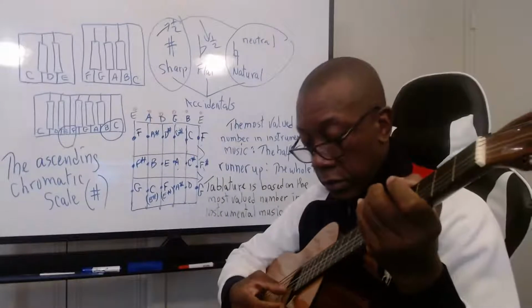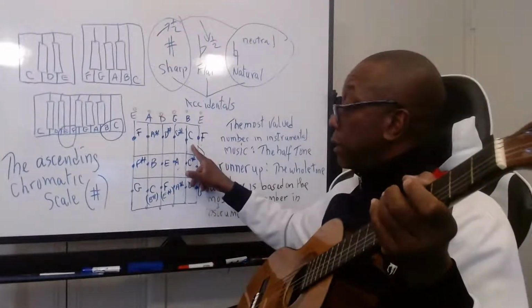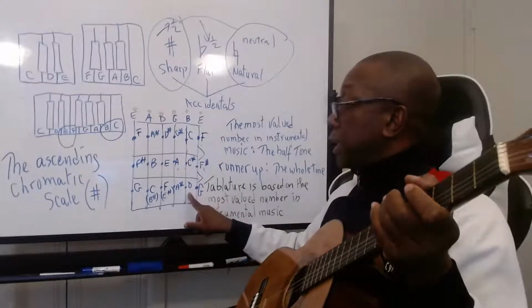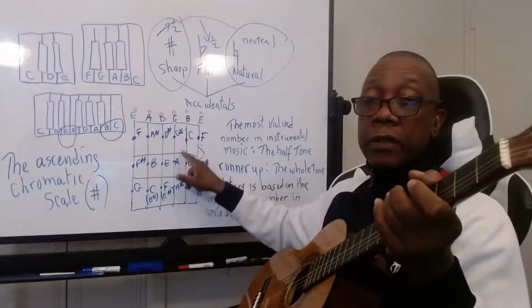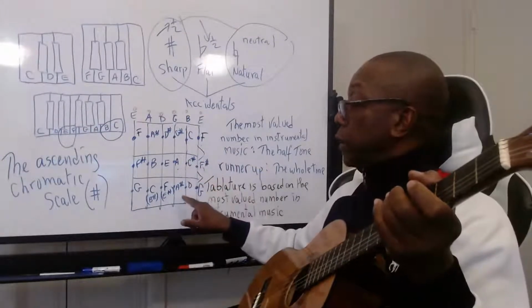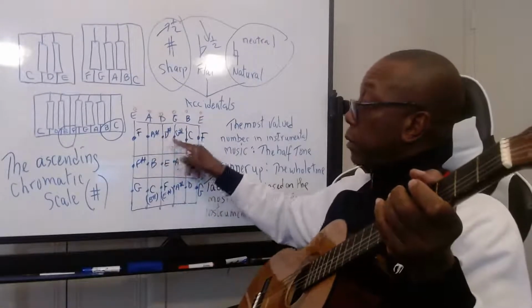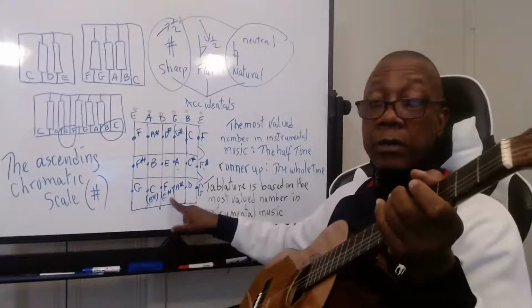B, open B. When I touch the first fret, it's C, the second fret, C sharp, then D. G, first fret, G sharp, second fret, A, third fret, A sharp. D, D sharp, E, F, which is E sharp.